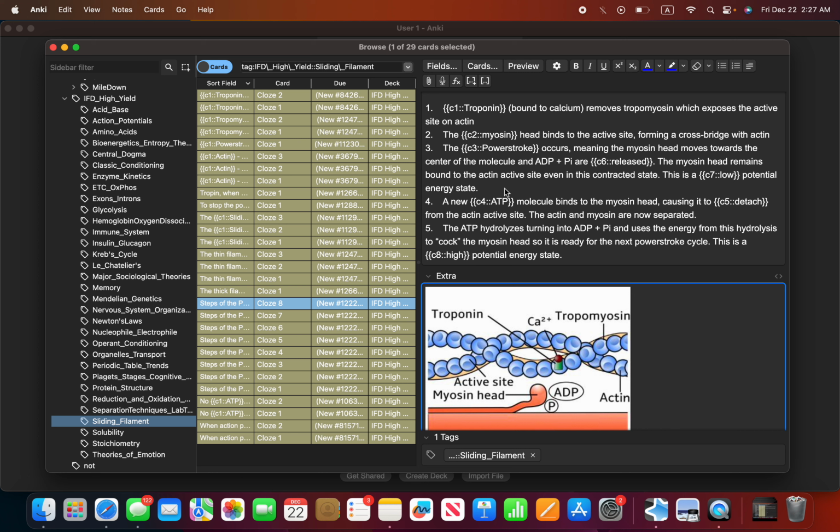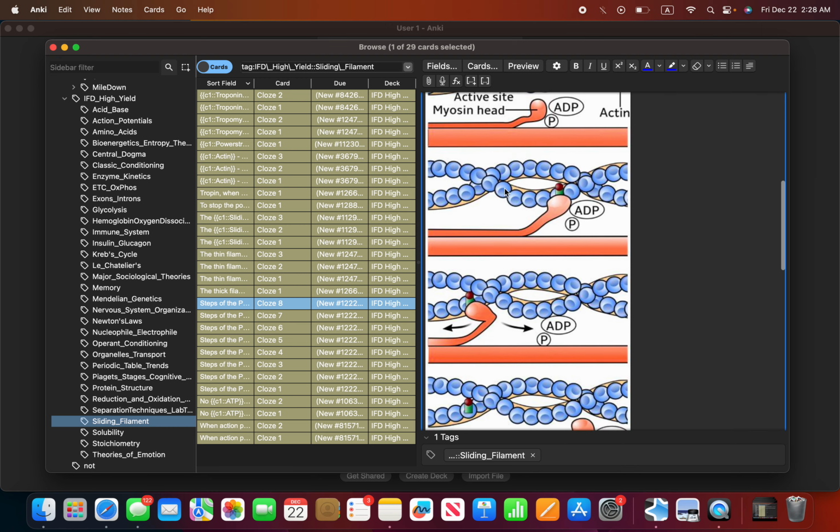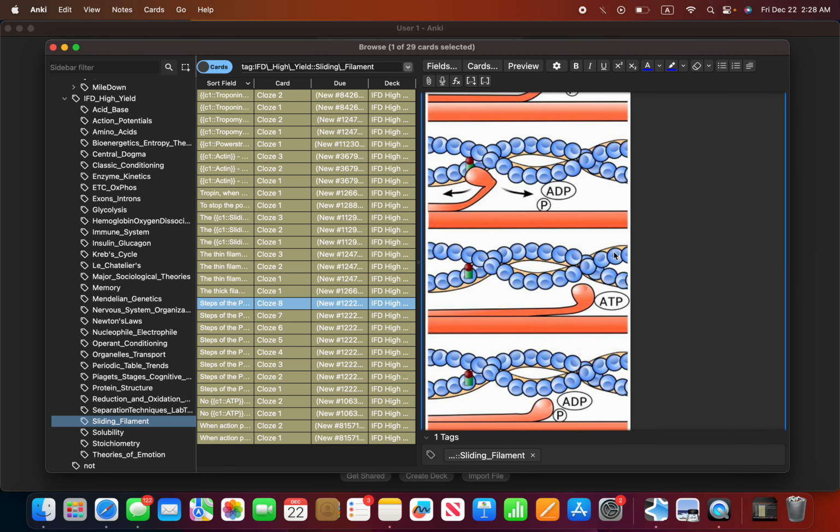Then a new ATP molecule binds to the myosin head, causing it to detach from the actin active site. So we have a new ATP.